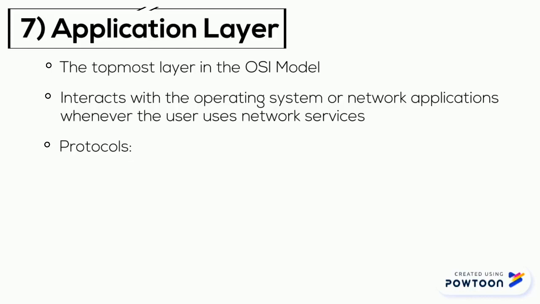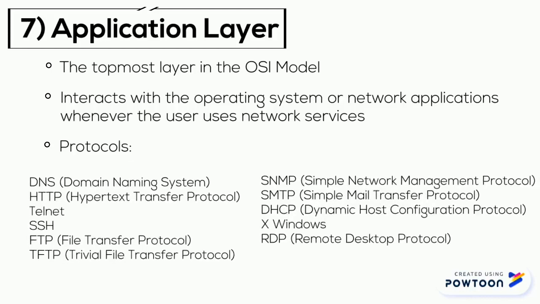All application layer protocols include DNS, Domain Naming System, HTTP, Hypertext Transfer Protocol, Telnet, SSH, FTP File Transfer Protocol, TFTP Trivial File Transfer Protocol, SNMP Simple Network Management Protocol, SMTP Simple Mail Transfer Protocol, DHCP Dynamic Host Configuration Protocol, X-Windows, RDP Remote Desktop Protocol, and more.